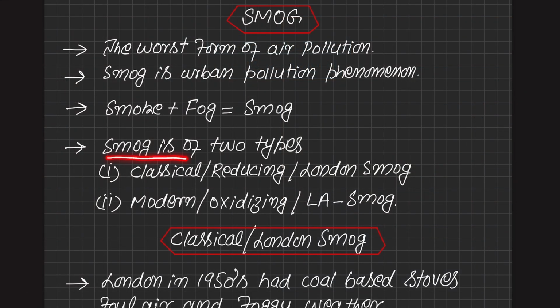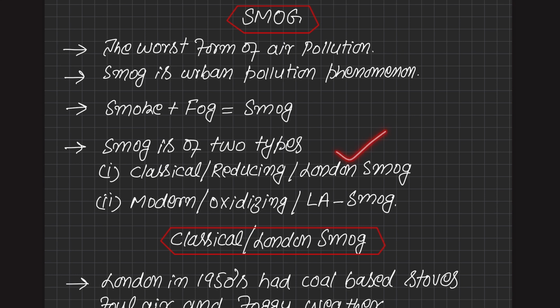Basically, smog is of two types. Number one is called classical reducing or London smog, whereas nowadays the smog that appears is called modern oxidizing or LA smog. There were two major incidents in the history of smog and both caused many deaths.